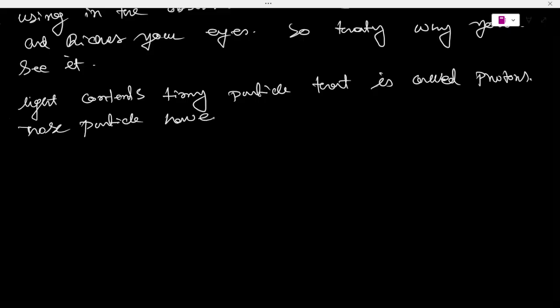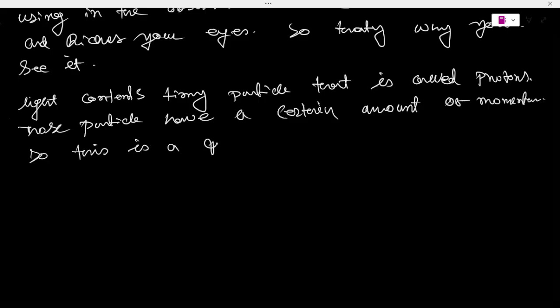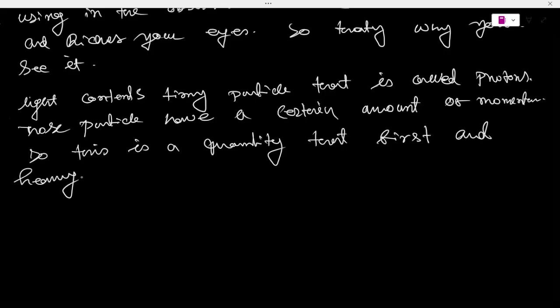This is a quantity that applies to fast and heavy objects also.